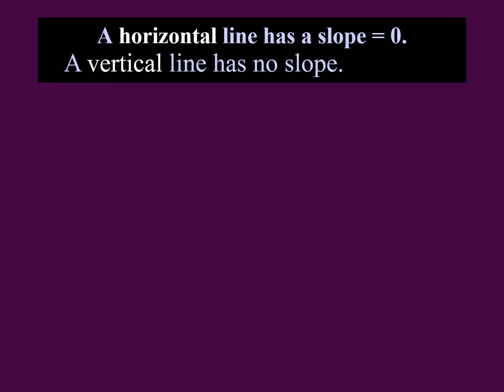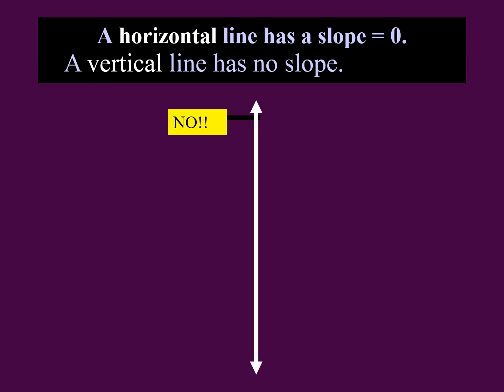But a vertical line has no slope. No slope means when you do your rise, it's going up and down. Let's say it went up 8 spaces. How much is it running sideways? 0. You cannot have 0 on the bottom of a fraction ever, ever, ever.